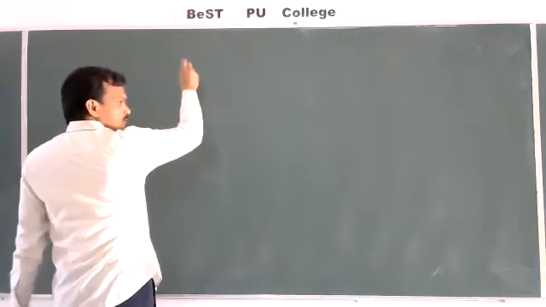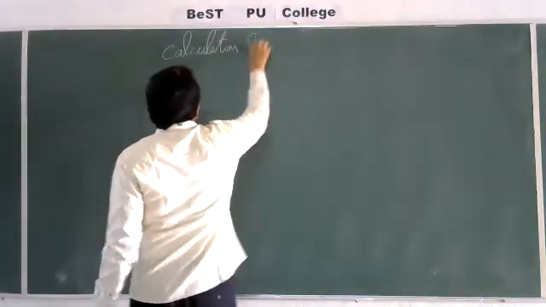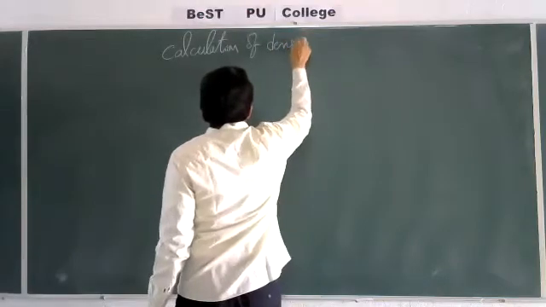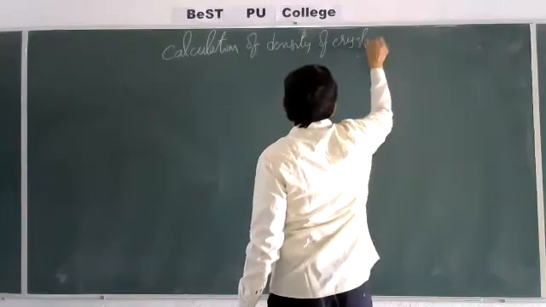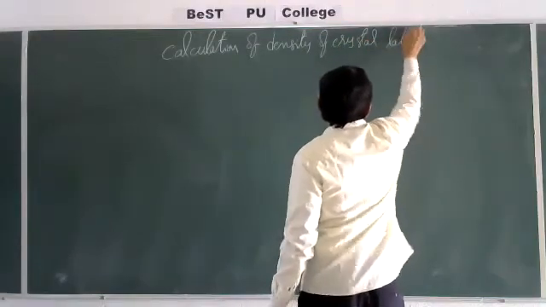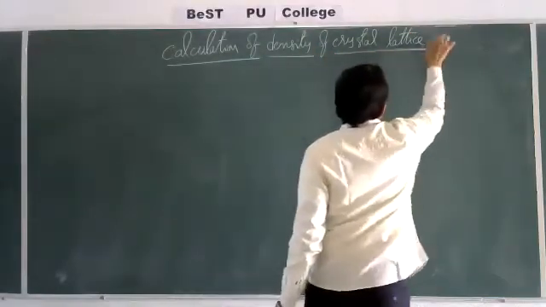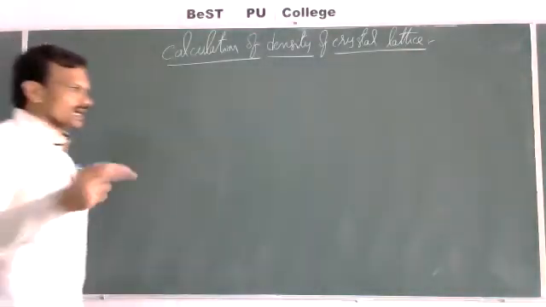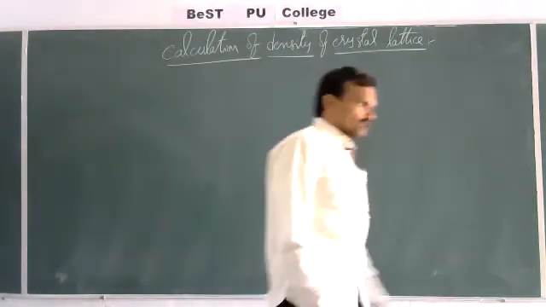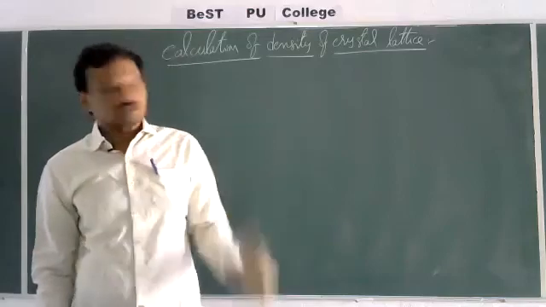Calculation of density of crystal lattice. Any lattice, either it may be cubic or tetragonal or rhombic, monoclinic, triclinic, any lattice, the same relation we will use.